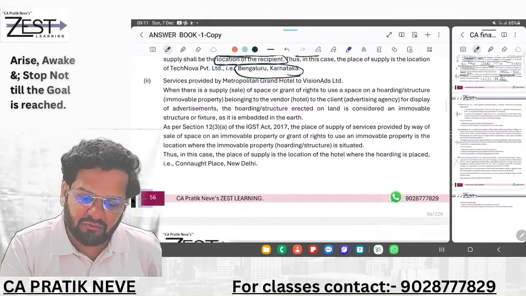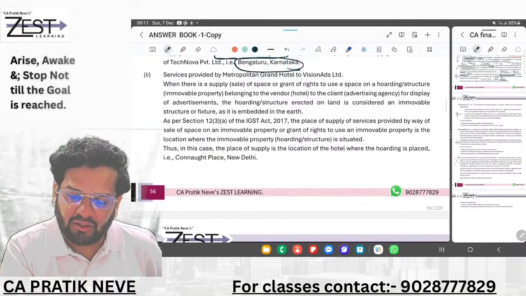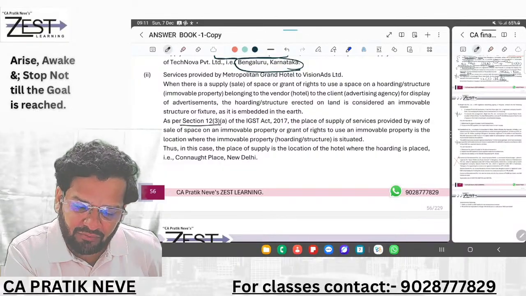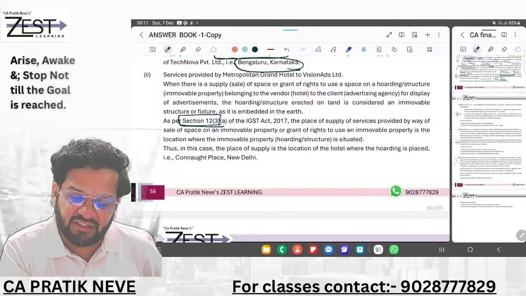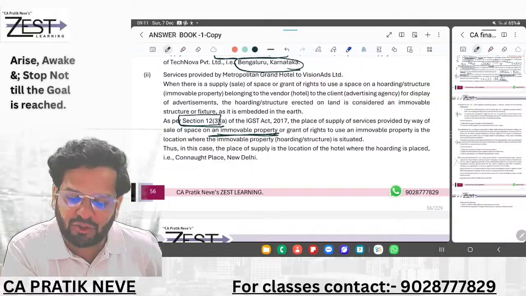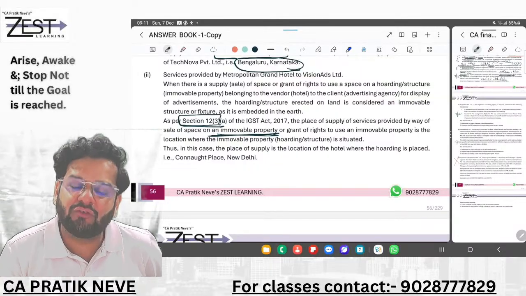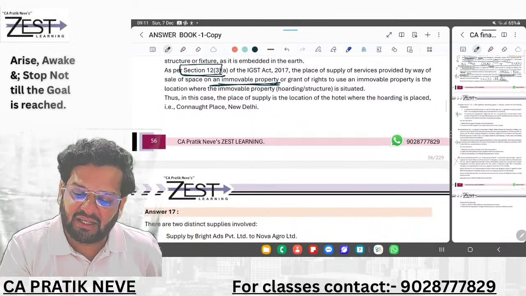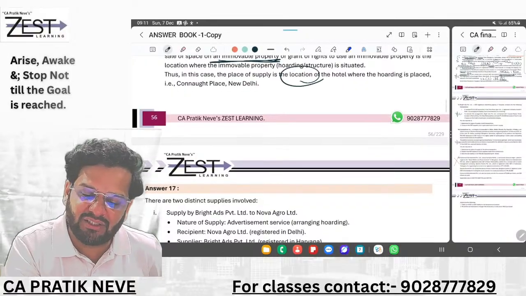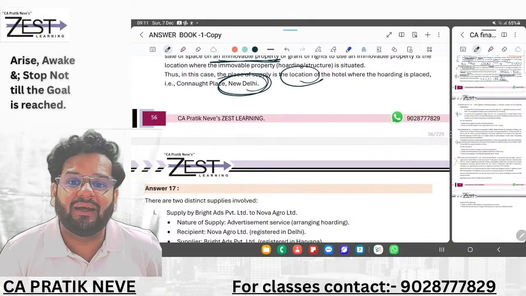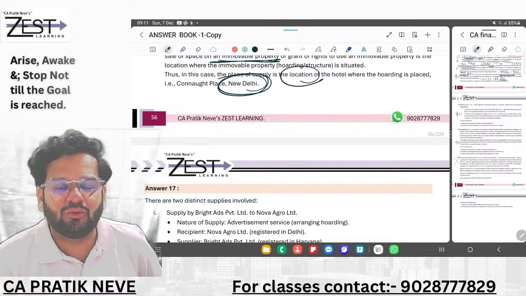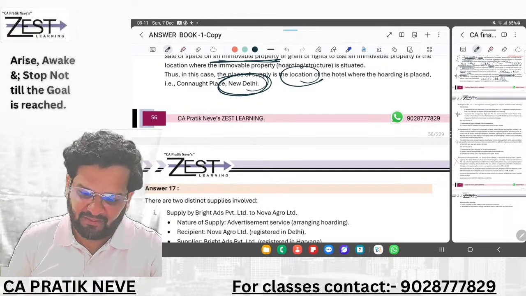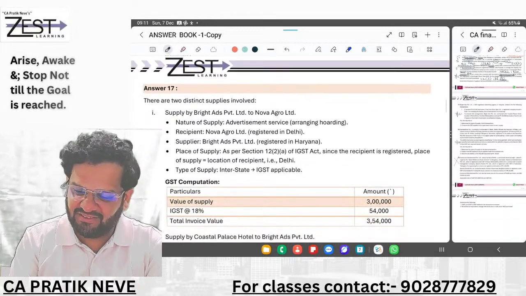And next service is about 12.3, services in relation to an immovable property. The place of supply will be where that immovable property is located or intended to be located, and hence it will be New Delhi. Make sense?